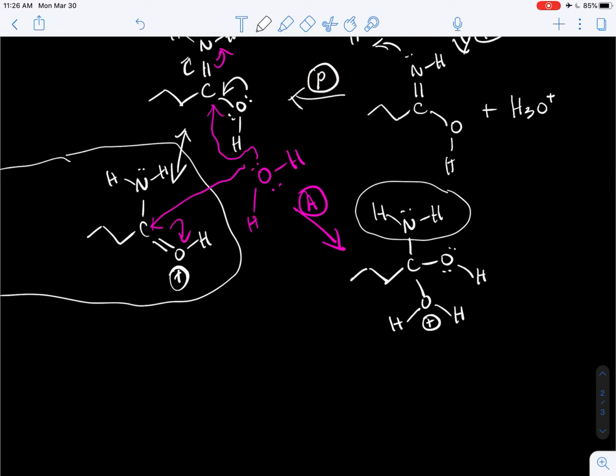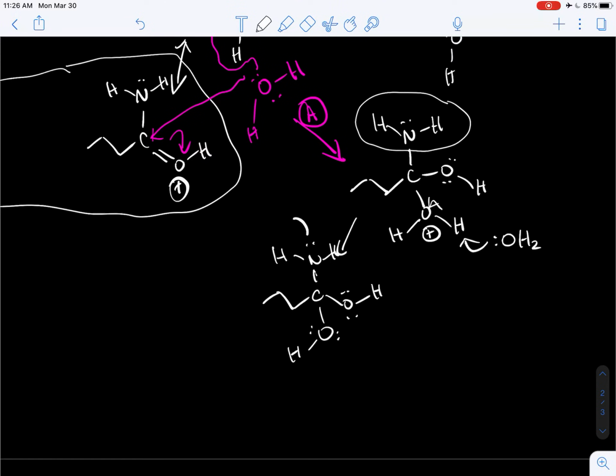What we need to do now is deprotonate this guy here. And then this guy here needs to pick up an H plus. So another couple steps of proton transfers.